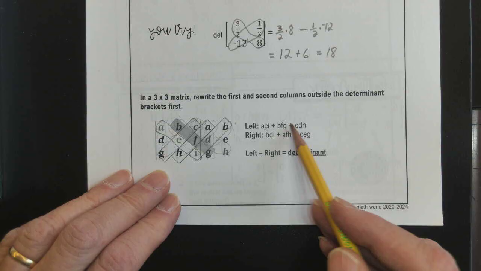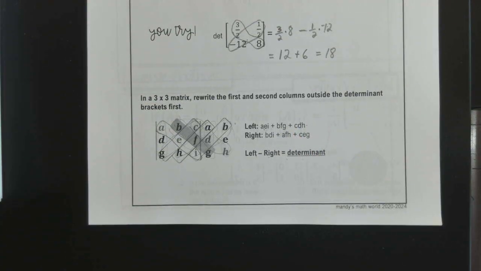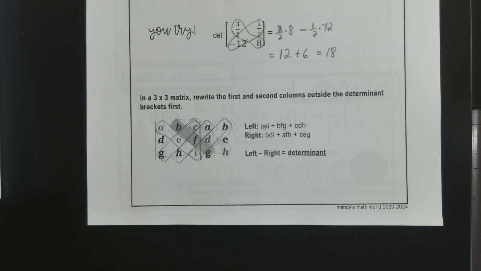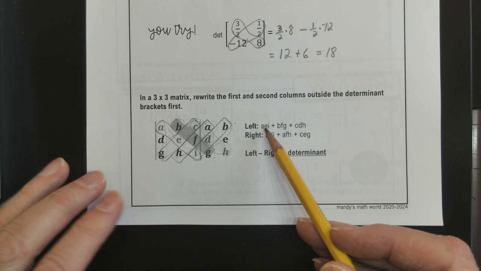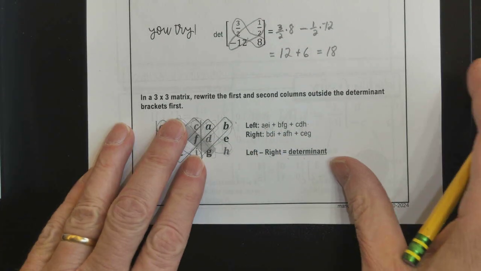Take that left number minus that right number, and you have the determinant of the matrix. Okay? I don't know if it makes complete sense to you or not, but I think it will if we do a couple of examples. All right, so let's turn this over.